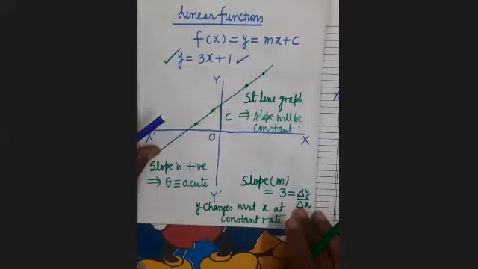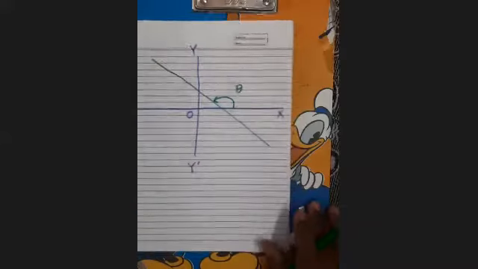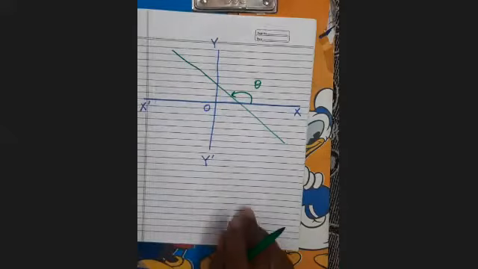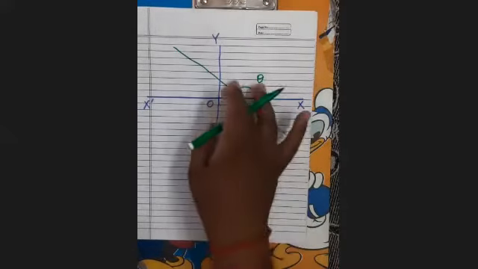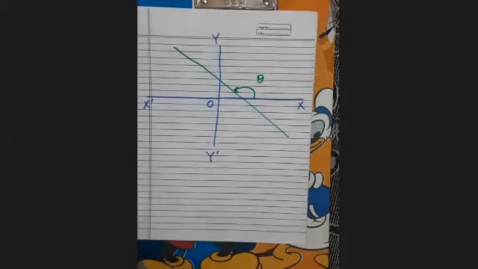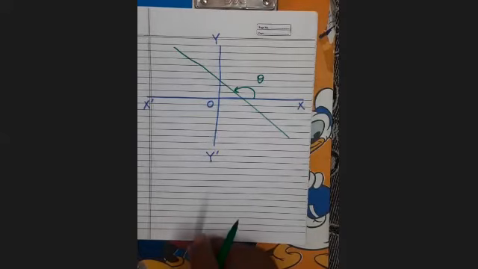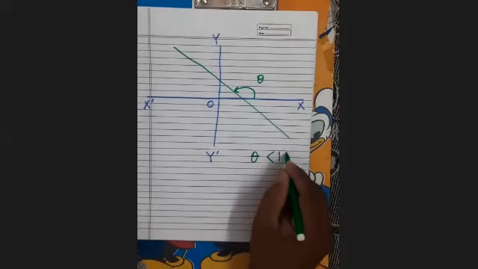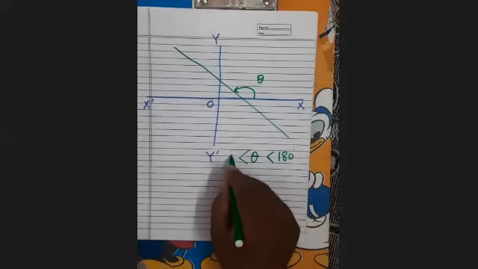It's clear? Now see here. Here also the graph is a straight line, slope will be constant. But theta is obtuse. Obtuse means greater than 90 degree and less than 180. Theta lies in between this.